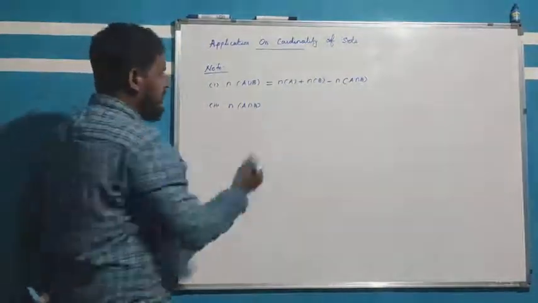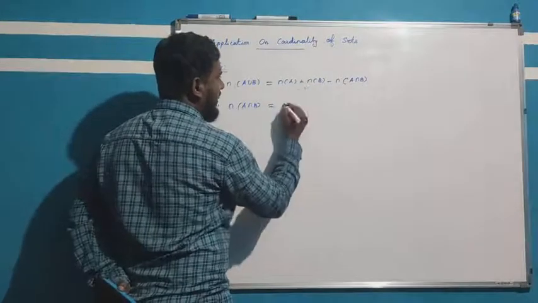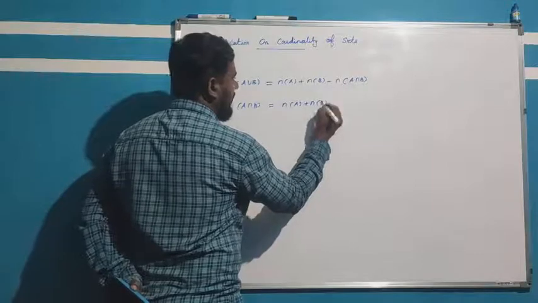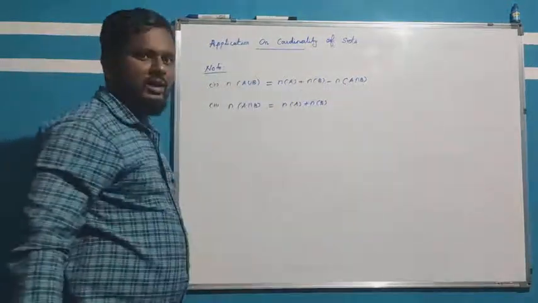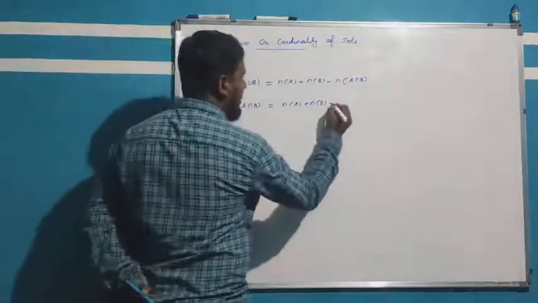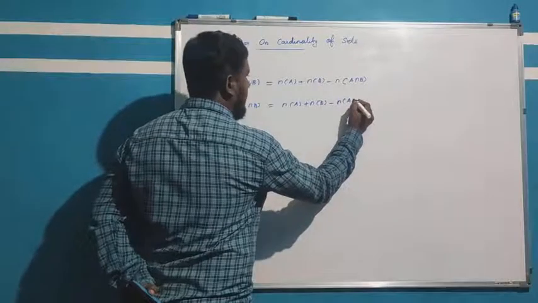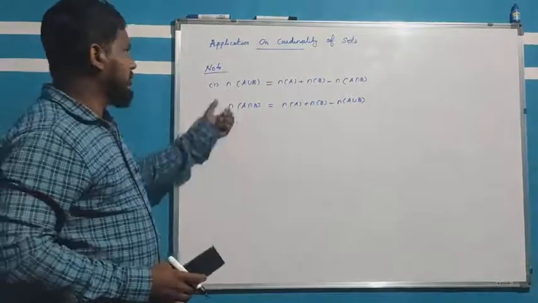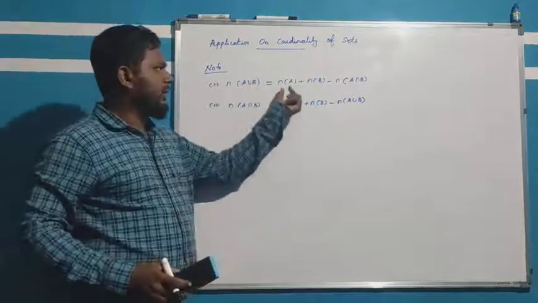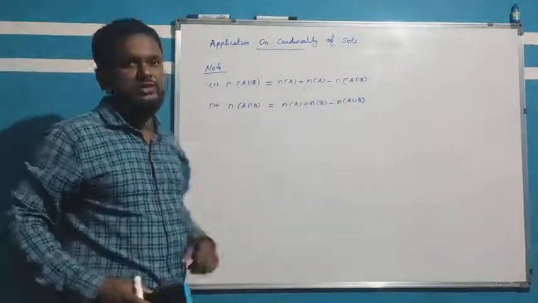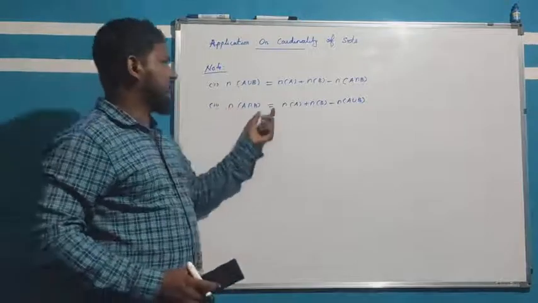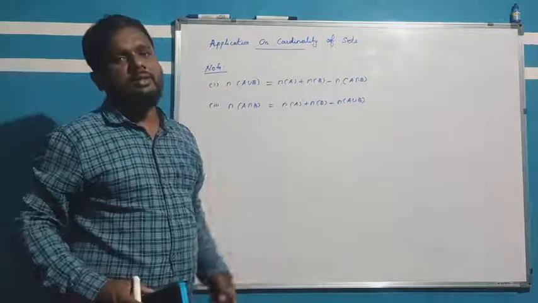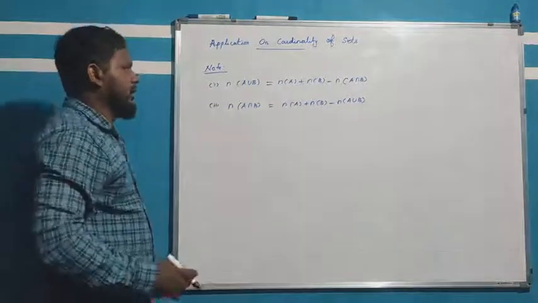On the RHS we already have n of A plus n of B, and we take n of A union B to the RHS with a minus. So n of A union B is found from n of A plus n of B minus n of A intersection B, and n of A intersection B is found from n of A plus n of B minus n of A union B.